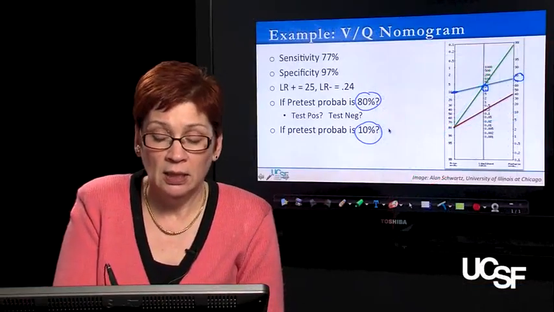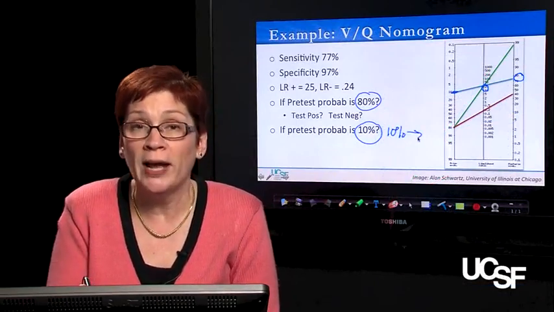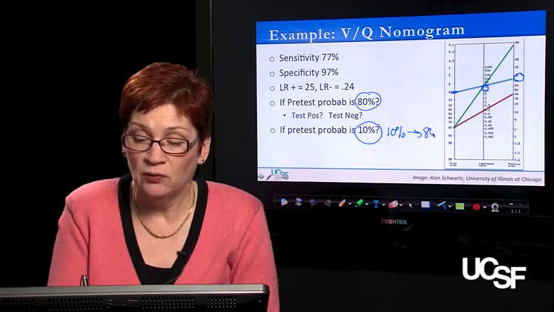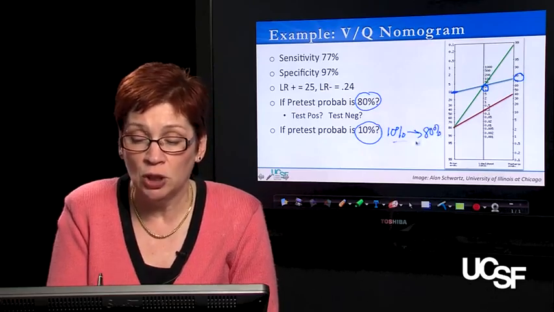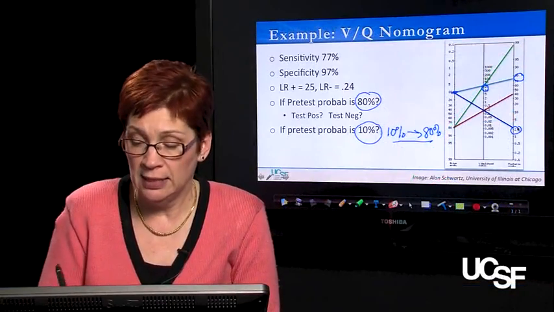So even in a low probability setting, a specific test moved us up quite a bit. Perhaps not as far as we needed to go, but it was really a big jump. But a negative test starting at 10%, connecting to 0.24, brings us down to about 2%, which was good enough to rule out the disease in this setting.